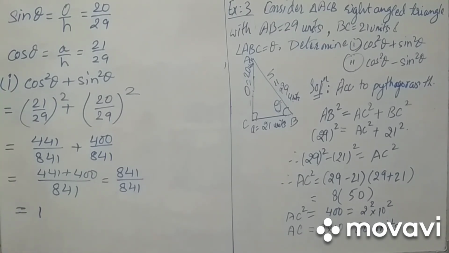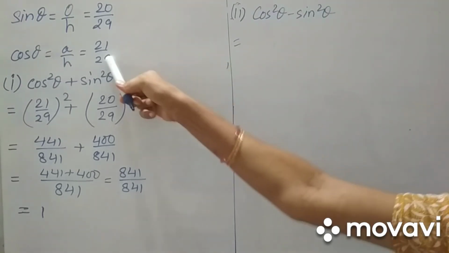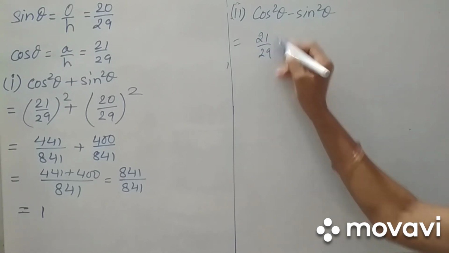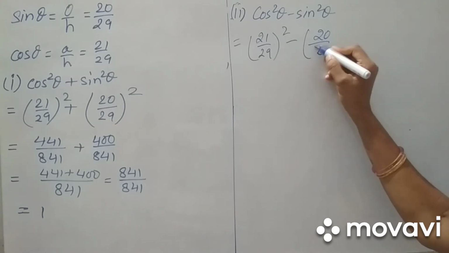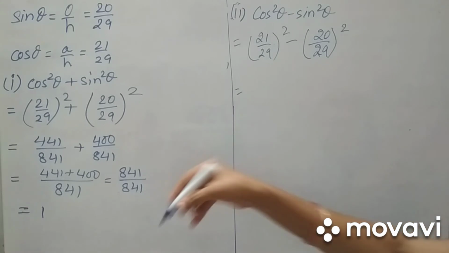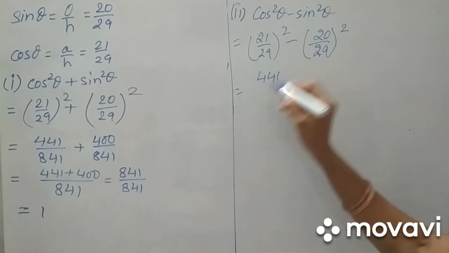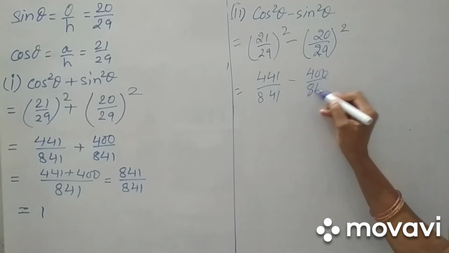Same way we will determine the value of the second, cos square theta minus sin square theta. Same way we will put in the values. Cos means 21 upon 29 squared minus sin means 20 upon 29 squared. What did you get? 441, the square of 21, upon 841 minus 400 upon 841.